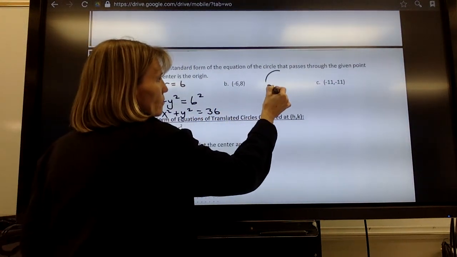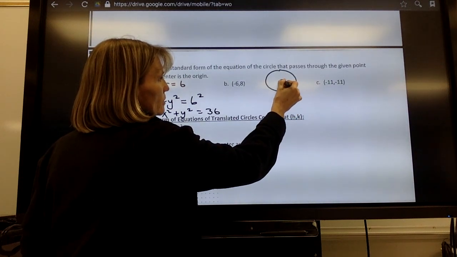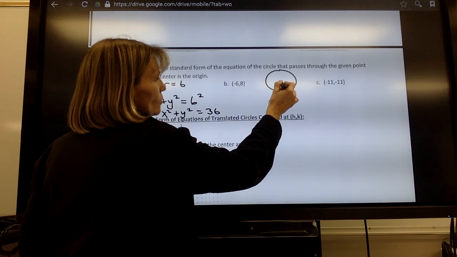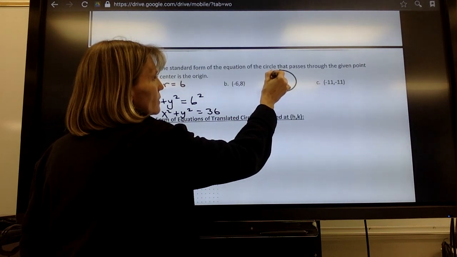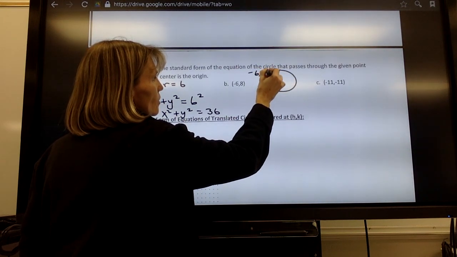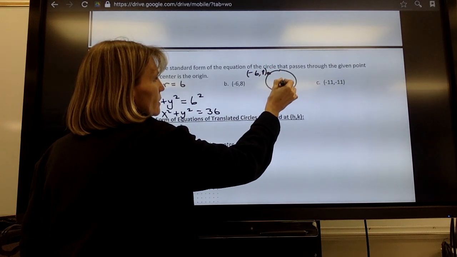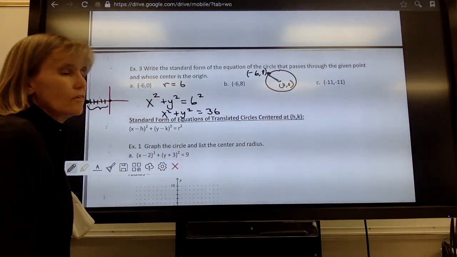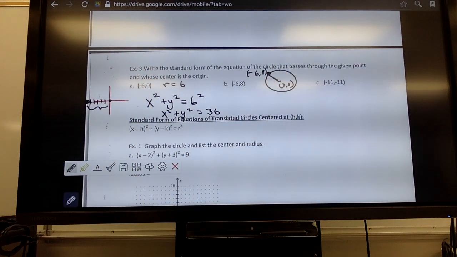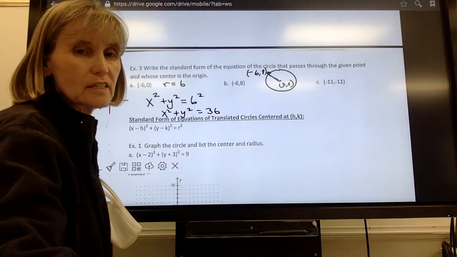Okay, if you've got your circle here, this is at 0, 0, and the circle is at -6, +8. Let's say it's up here. This is at -6, +8, and this is at 0, 0. How are you going to figure out the distance of that radius? Well, hopefully you think back to using the distance formula.